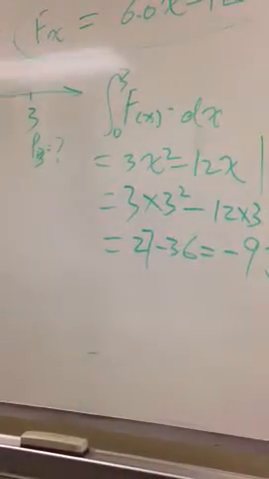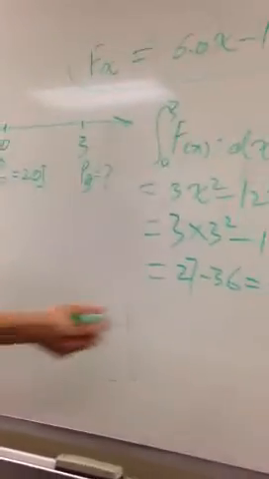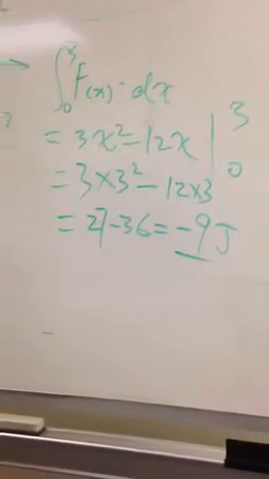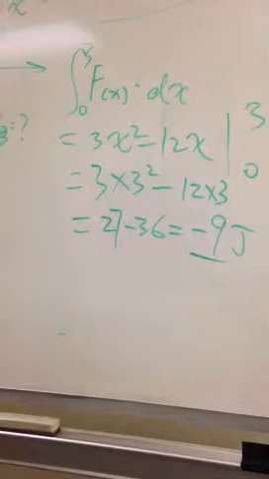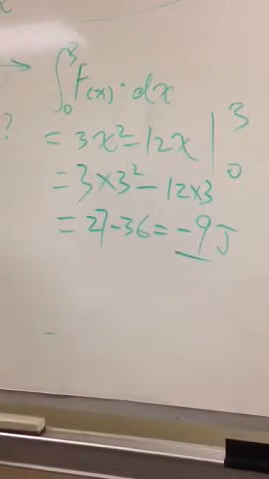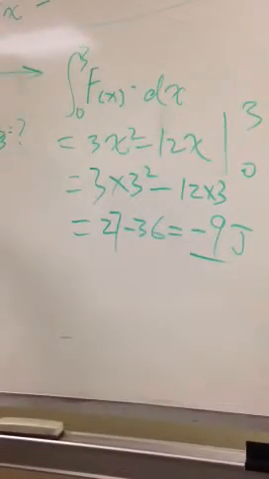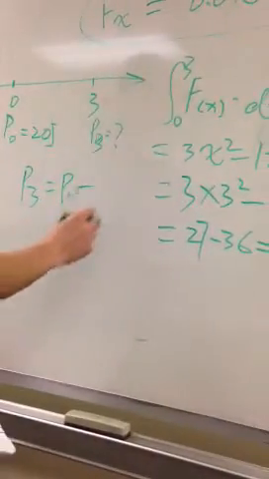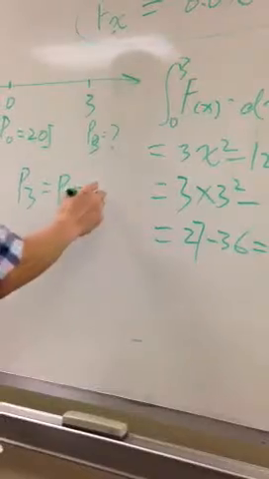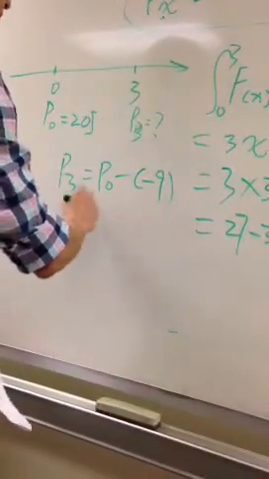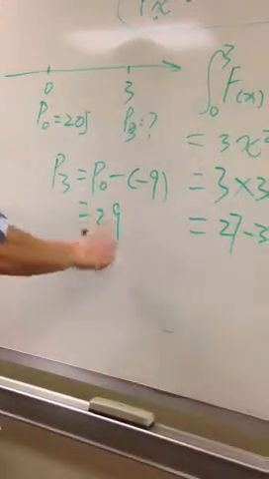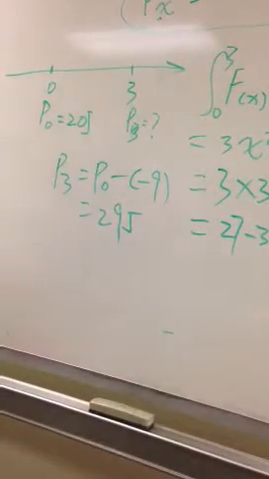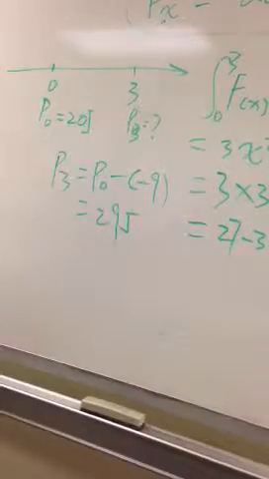So the work by the force is negative, which will convert into positive potential energy, right? So P3 will be P0 minus the work, which will be 29. This question. Okay.